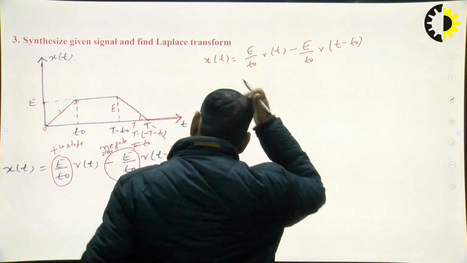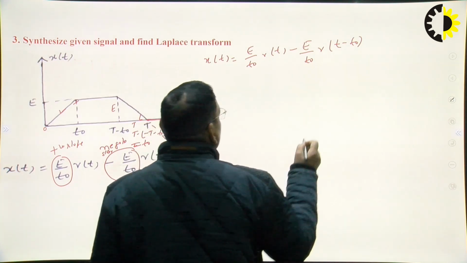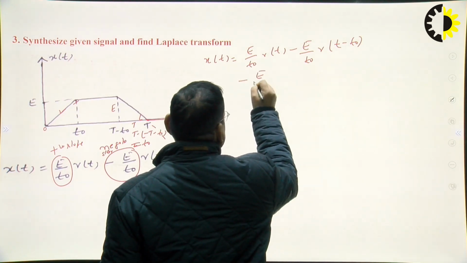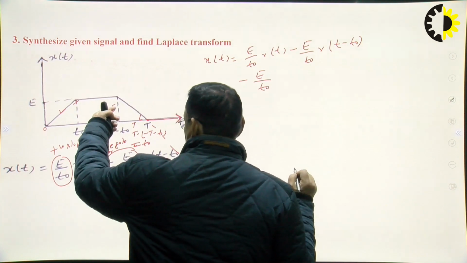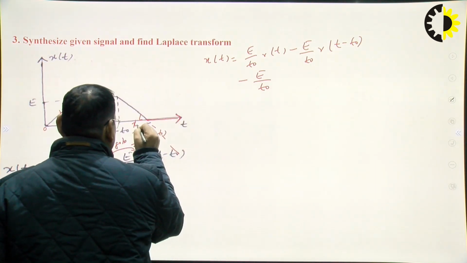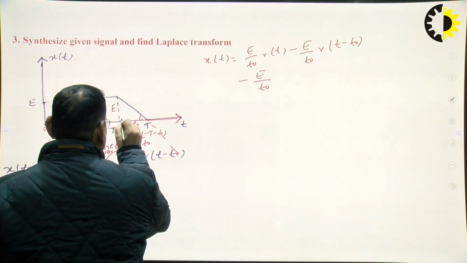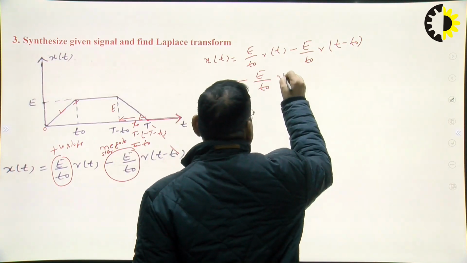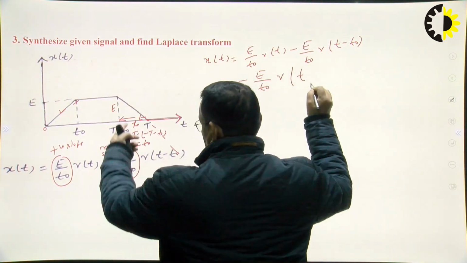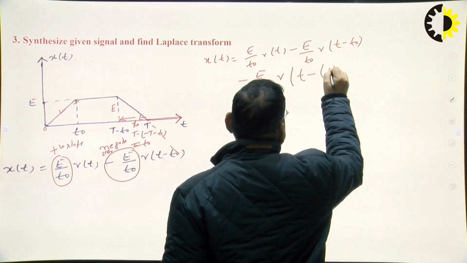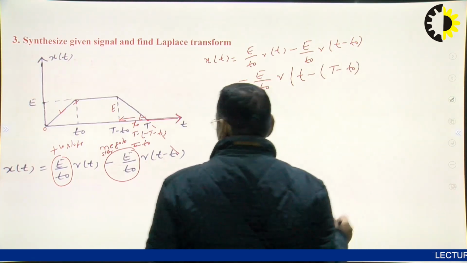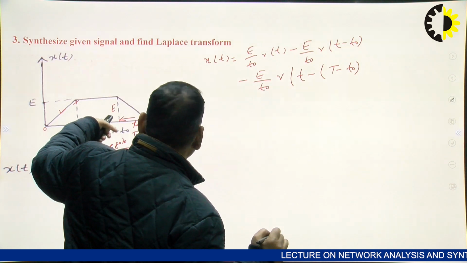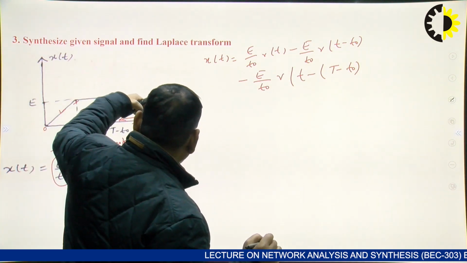Again we can see that at t minus t0 the slope is negative, so we add a negative slope. The slope is E by t0. This is E, and this length is t0. So E by t0, where we are adding t minus t0, again a negative slope, so it is increasing.